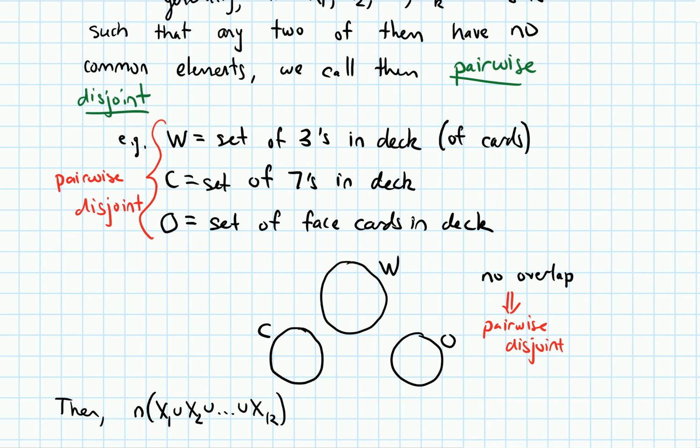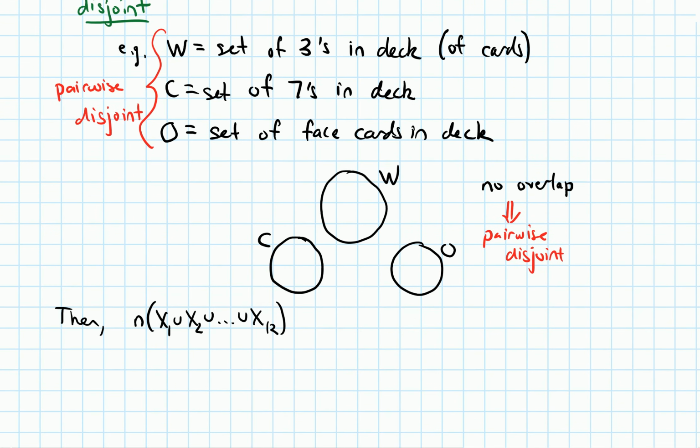Okay, so if you have sets like this that are pairwise disjoint, and you want to count the number of elements in the collective union of all of them, X1 union X2 union, up until the union of the last set, this equals what we'd expect.